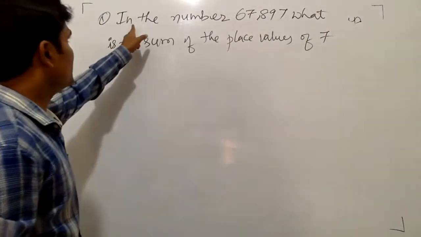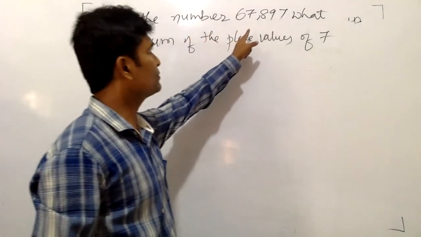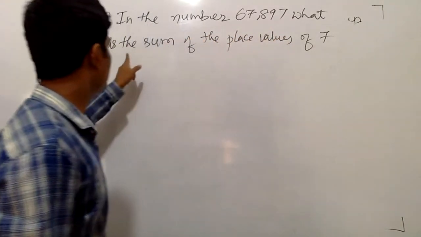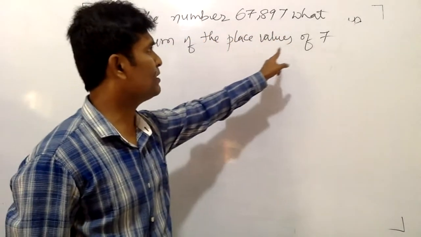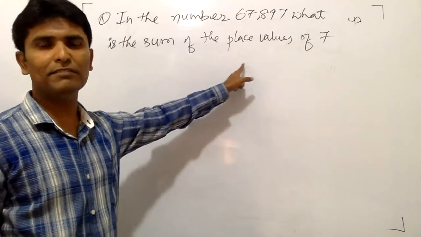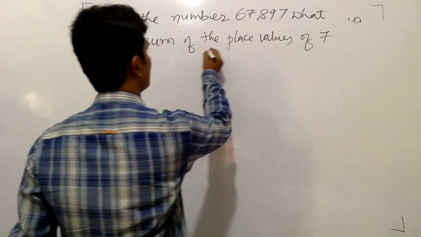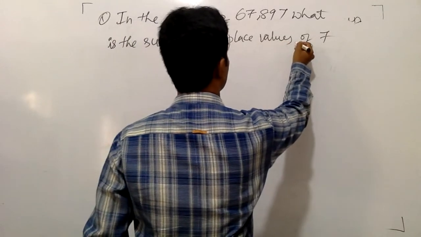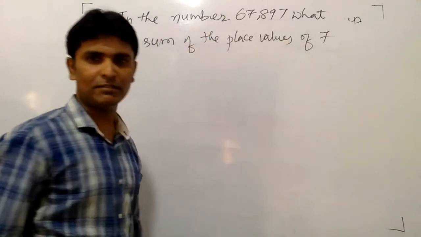See, the question is, in the number 67,897, what is the sum of the place values of 7? Place values of 7. Okay.